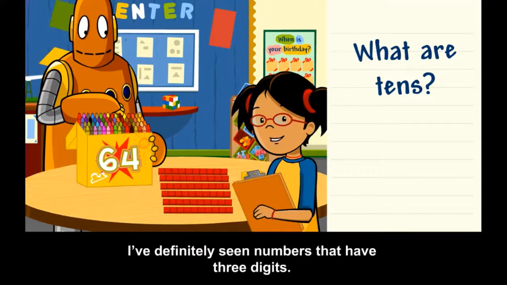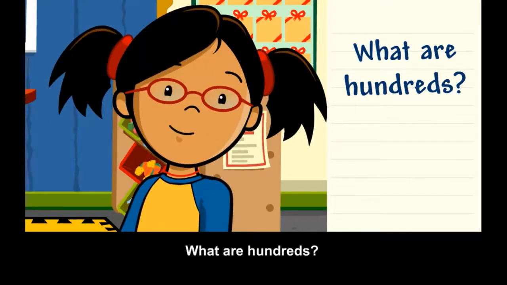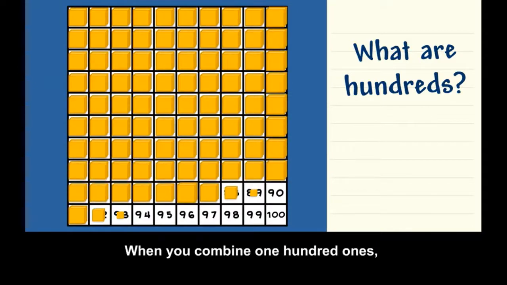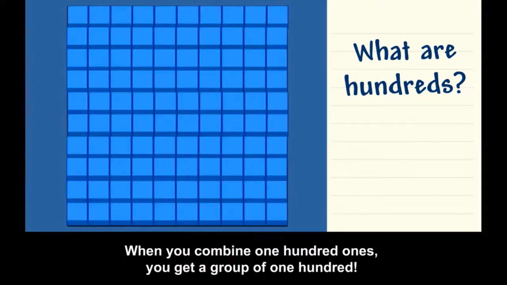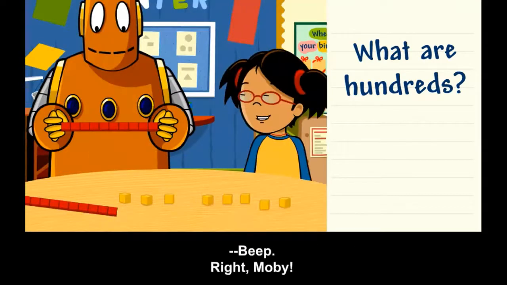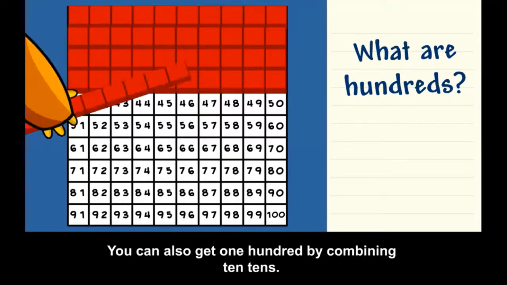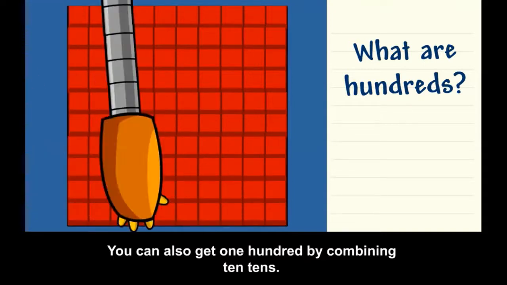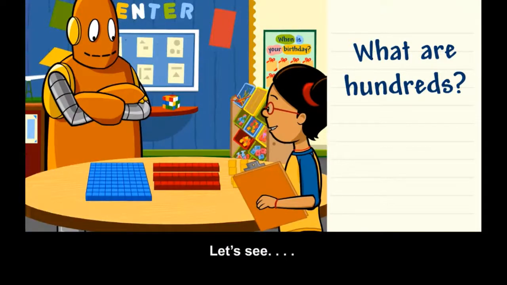I've definitely seen numbers that have 3 digits. What are hundreds? When you combine 100 ones, you get a group of 100. Right, Moby. You can also get 100 by combining 10 tens. Let's see.